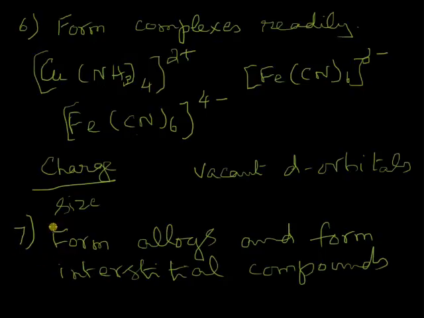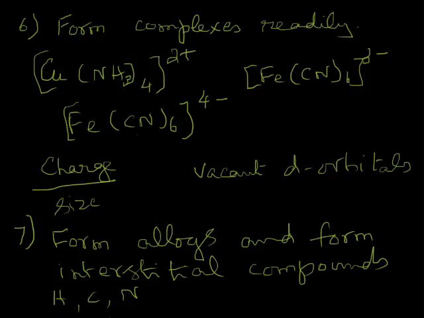Interstitial compounds are those in which small atoms like hydrogen, carbon, nitrogen are trapped in the interstices of the metals, in the lattice of the metal. These atoms are trapped in the lattice of metals like iron. When carbon is trapped in the metal lattice of iron, we have steel.